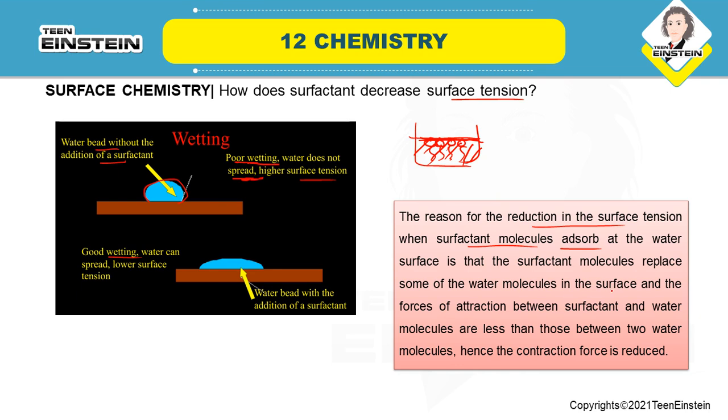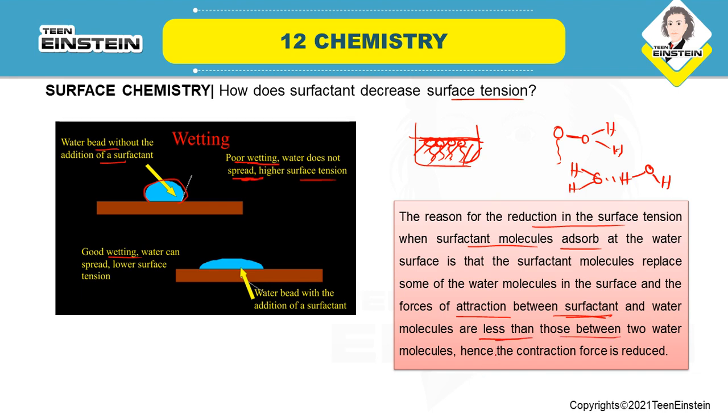And consider the forces of interaction between a surfactant molecule and a water molecule, and the interaction between two water molecules by hydrogen bonding, that is always more. So the forces of attraction between surfactant and water molecules are less than those between two water molecules.